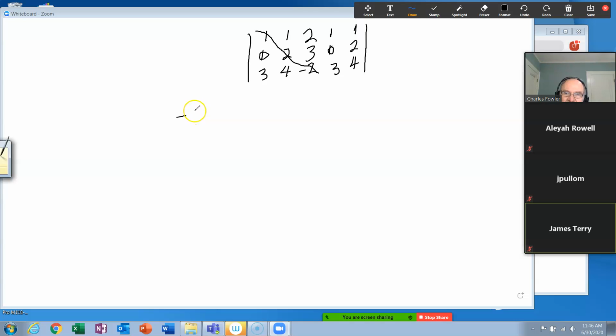Negative 4. Okay, do your next down diagonal. Okay, that would be this one. What does that give you? Plus 9. Do the third down diagonal. And what does that give you?